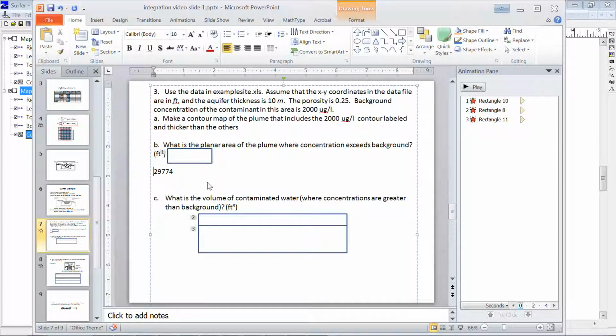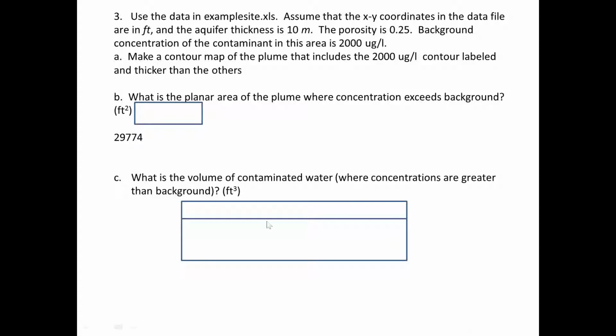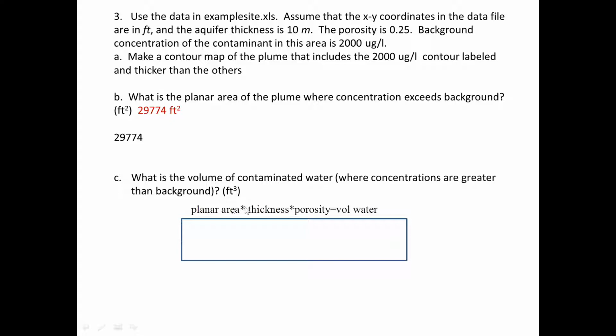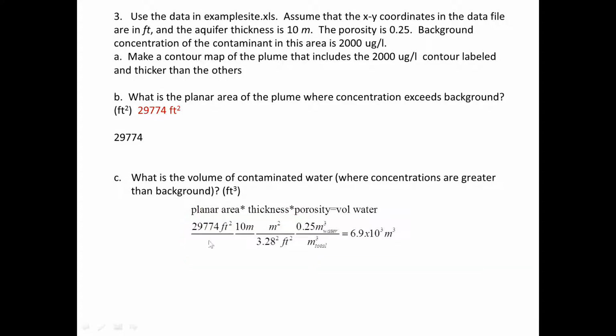And now what we need is the volume of contaminated water where concentrations are greater than the background. So this is the area in square feet, and the volume of contaminated water will be the planar area times the thickness of the aquifer times porosity. So we have the information from Surfer that we need.